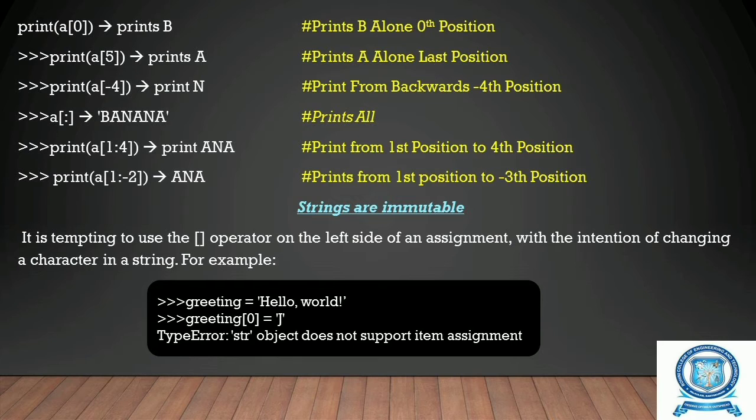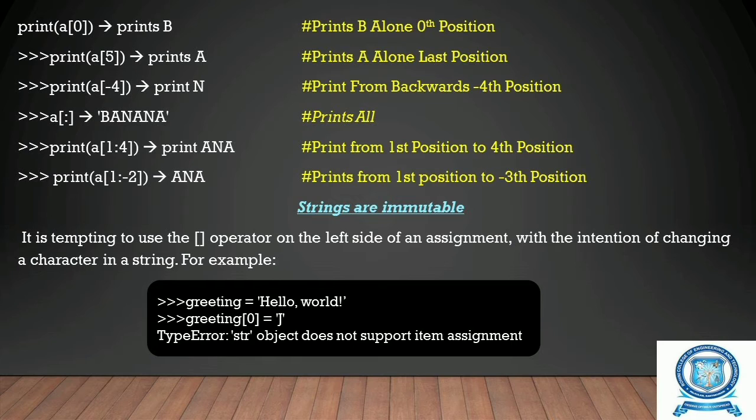Okay, so that is given in the answer. Then let us see about this one. Strings are immutable. That is, we cannot change a string once it is assigned. Let us see an example. Greeting is equal to hello world.